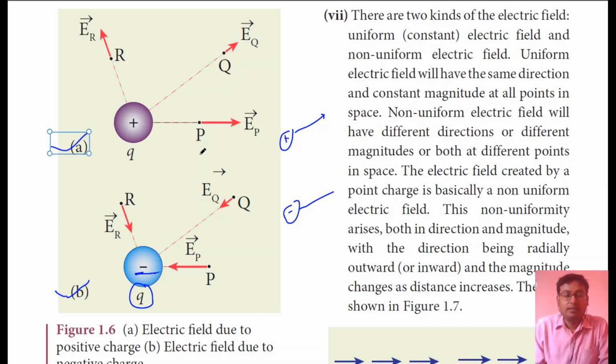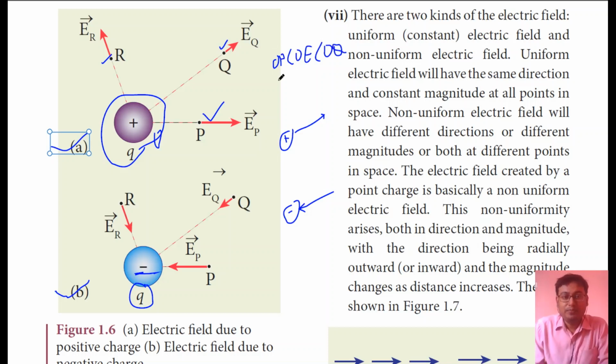Now see, around this positive charge plus Q we have 3 points, point P, point Q and point R. Point P is at the least distance from charge Q, and point Q is at the farthest distance from the charge. That means if this charge is at point O, then distance OP is lesser than distance OR, which is lesser than distance OQ. What does that mean?